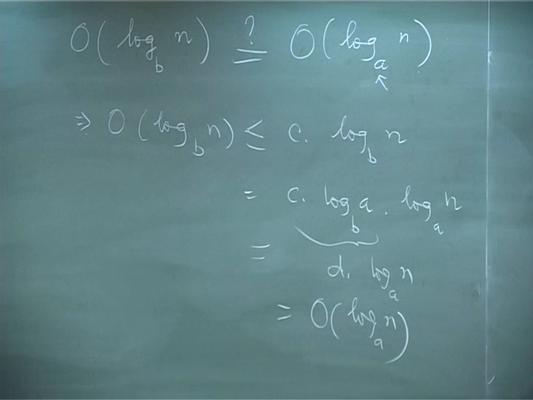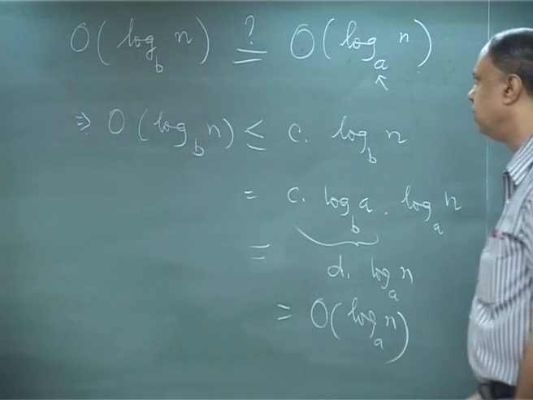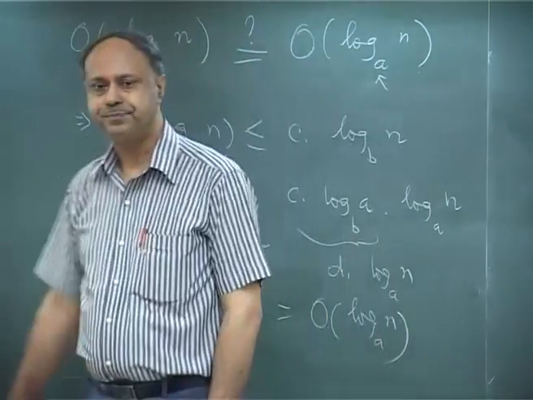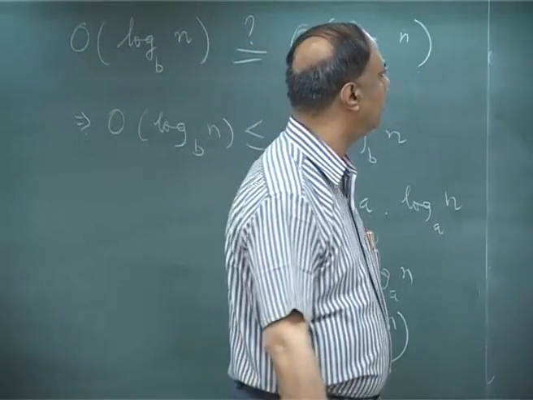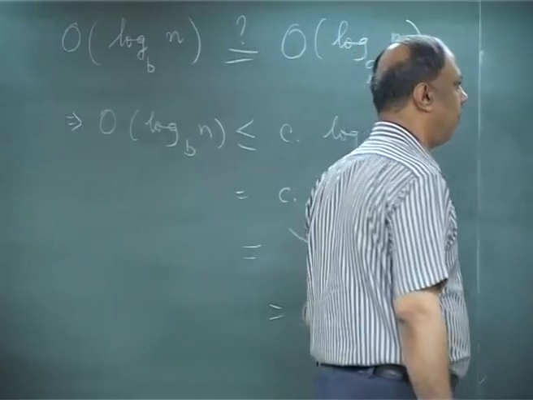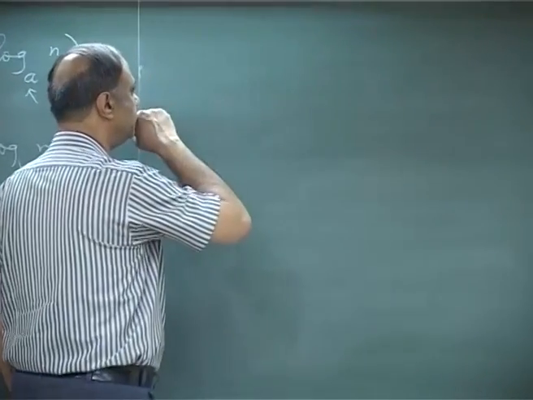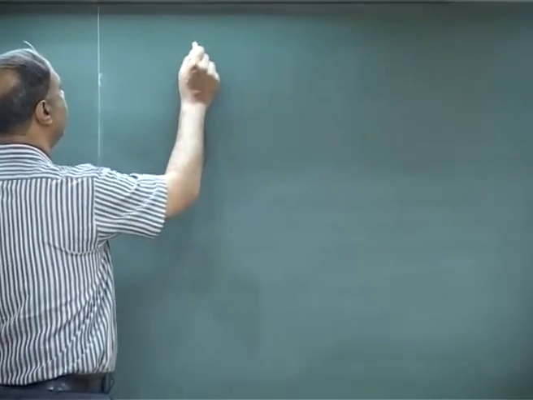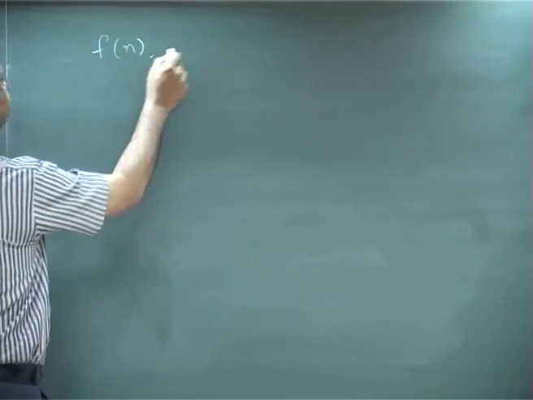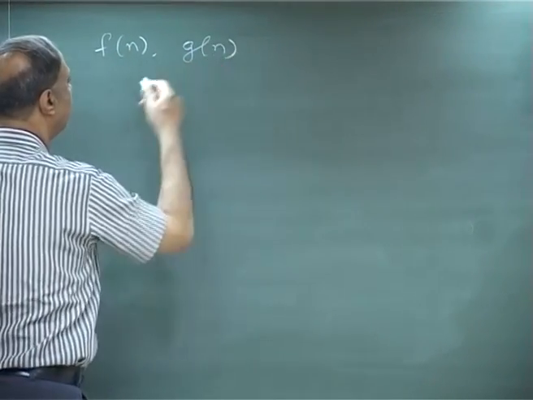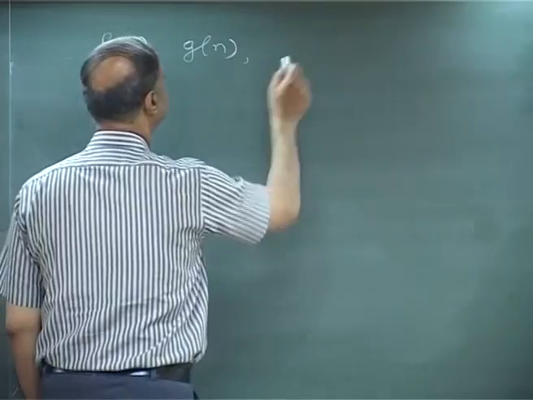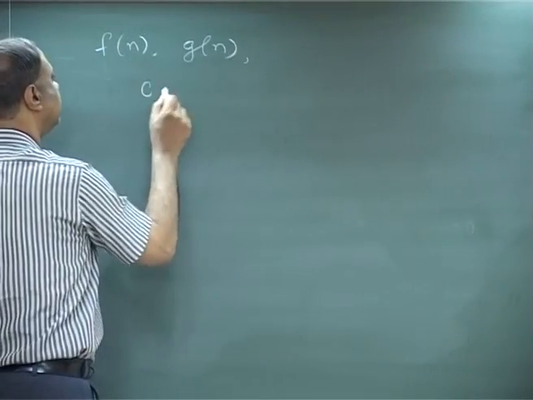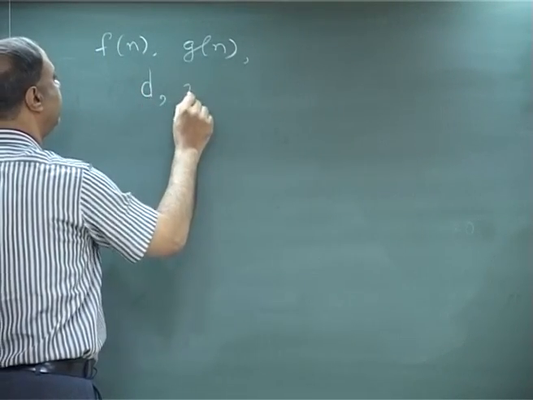Now think about the other symbol, which is known as big omega. Here it is talking about the lower bound, which means that you have f(n) and g(n) as two functions, and you have two constants c and n1.